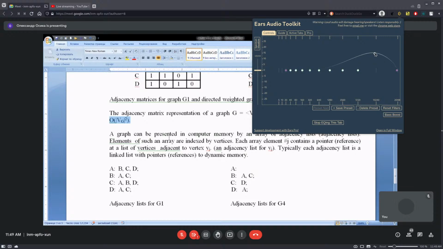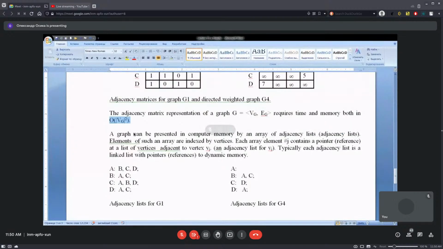A graph can be presented in computer memory by an array of adjacency lists. Or we can forget about the array, but just say by adjacency lists. Elements of such an array are indexed by vertices.